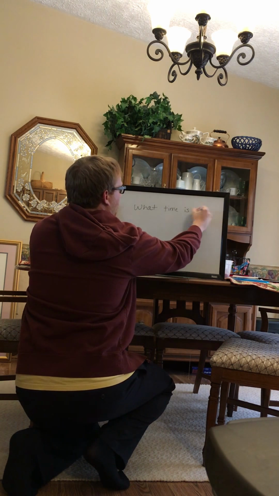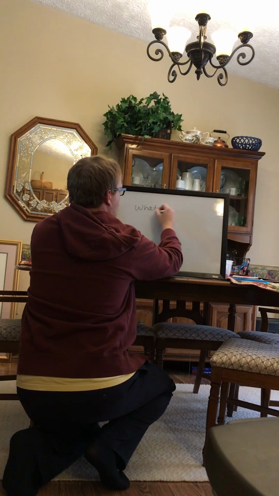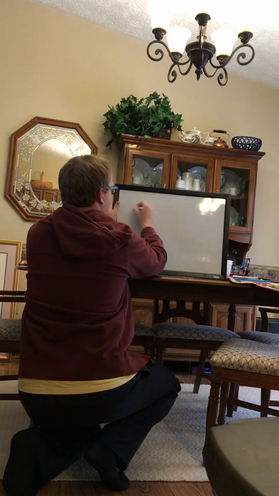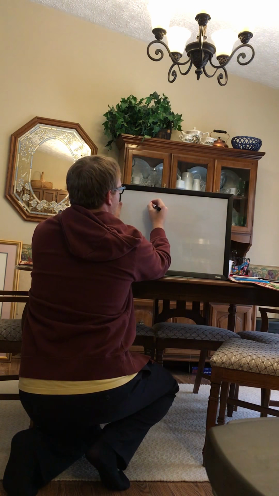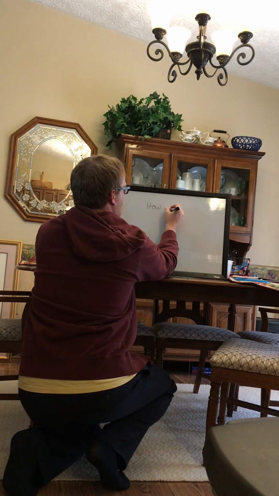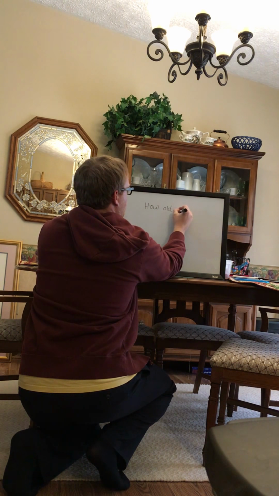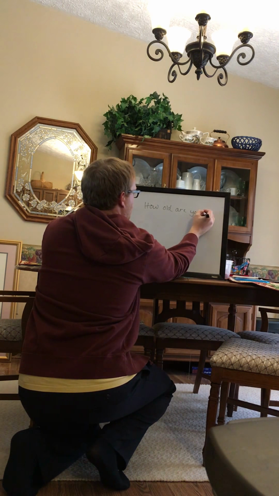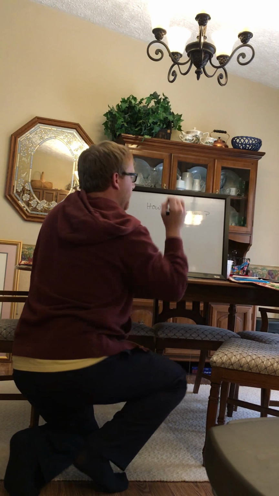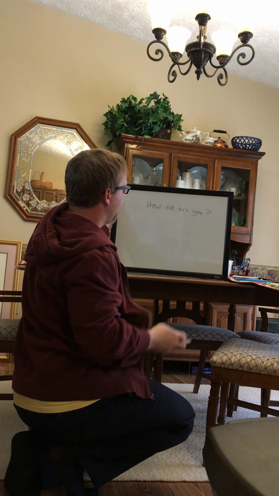Another example of when we would use a question mark is if we were asking somebody how old they are. Again, for that sentence, we would use a question mark.